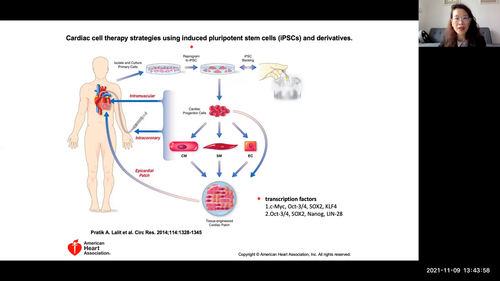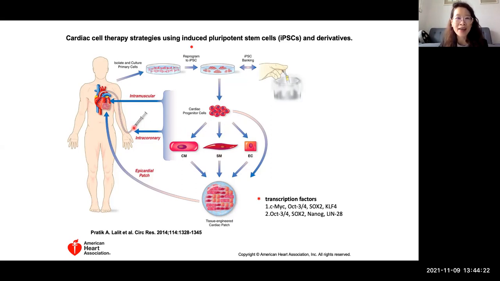For example, here, after they get three different cell types, they can inject them back into the veins, the blood vessels here, and they're going to go into the heart. So they let the cells do it by themselves. This one, we engineer them together a little bit, but here we let them flow into the vein.